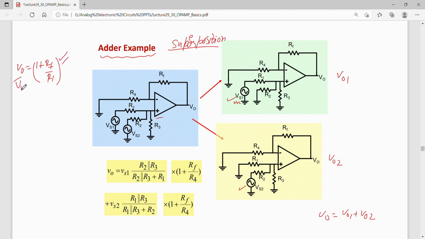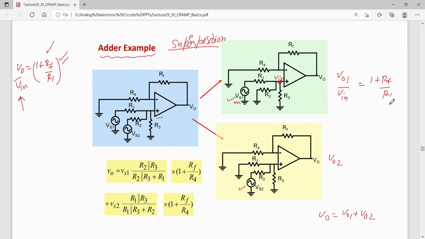Now I have to find out Vin, the input appearing at this point, which will give me the gain of this circuit.